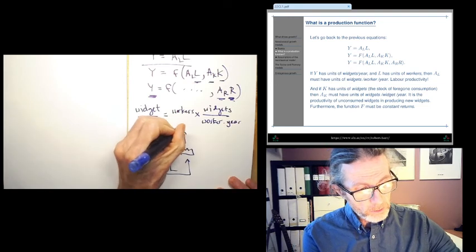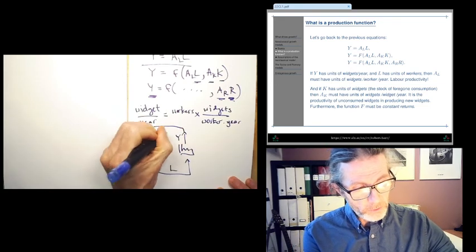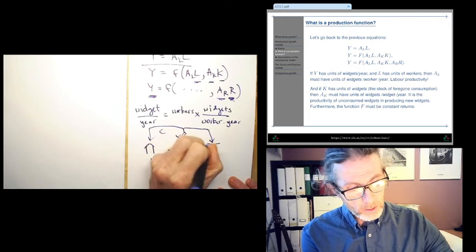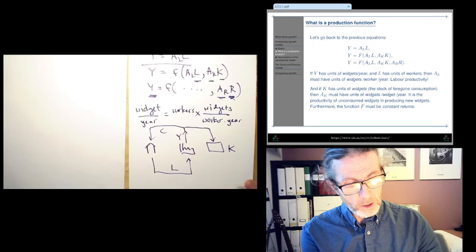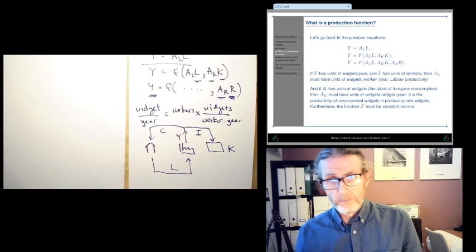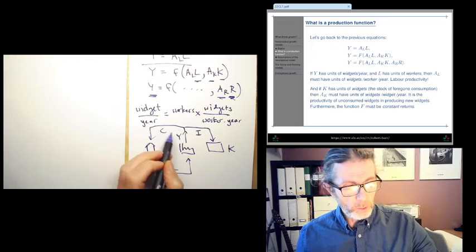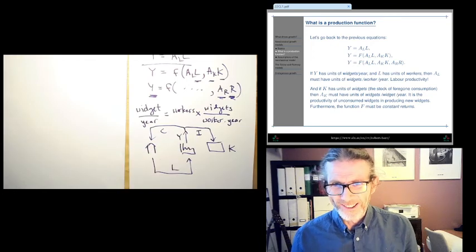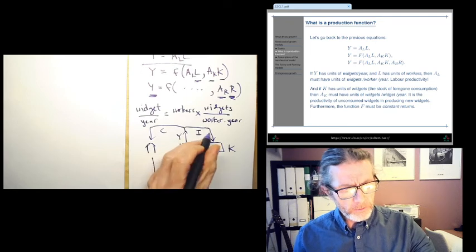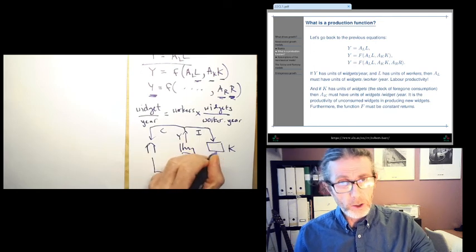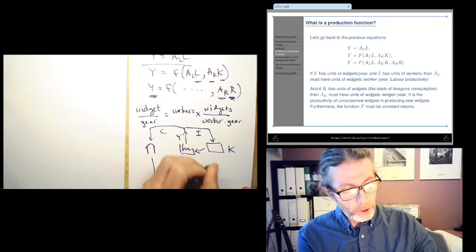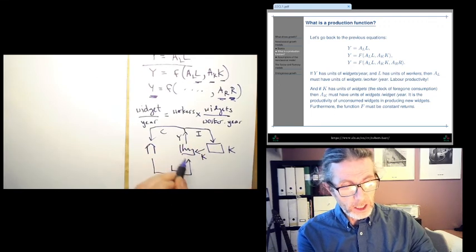Some of this goes to the households in the form of consumption, and some of it goes into our stock of capital. That is the flow of investment, isn't it? Y equals C plus I. You should all be familiar with that. This flow of widgets into the stock of capital boosts the stock of capital, which is then the input and helps production.